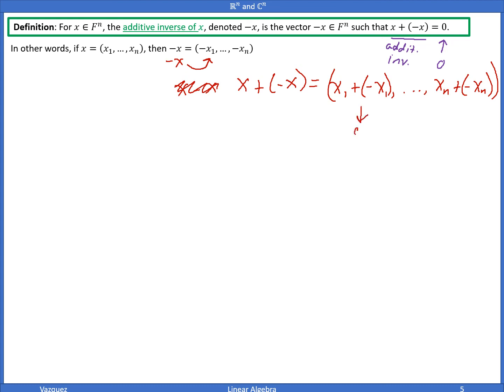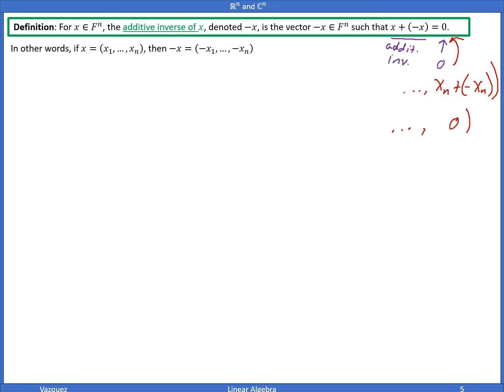And this just equals 0, 0, and so on, which gives us our 0 list, or our additive identity in Fn. If you want to pause, I'm just going to erase this really fast, if you want to copy it down or try it yourself, just so we have space for the last things to come.